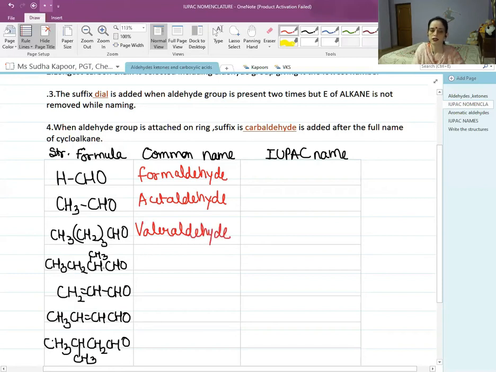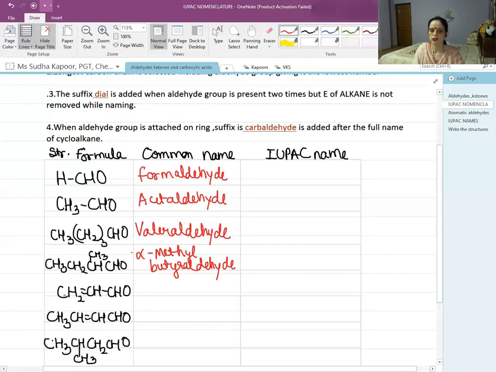Now again, this thing, CH3, CH2, CH3 and then CHO. In this case, the name given is alpha. The other carbon which is present after the CHO part is known as alpha. It is known in common as alpha methyl butyraldehyde, the 4 carbon butyraldehyde.